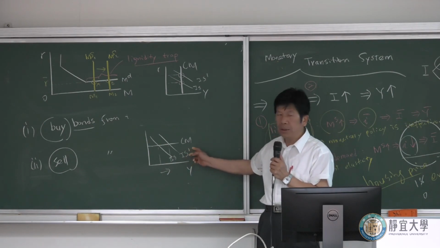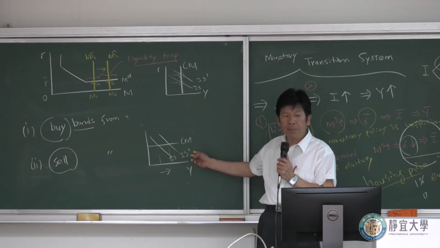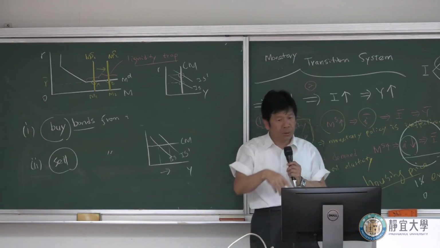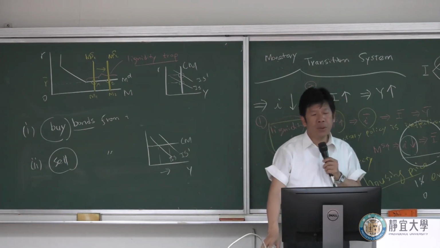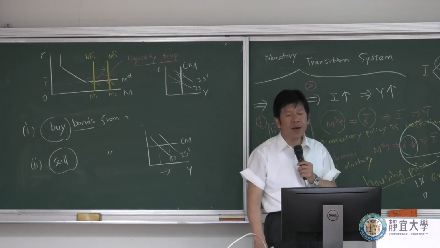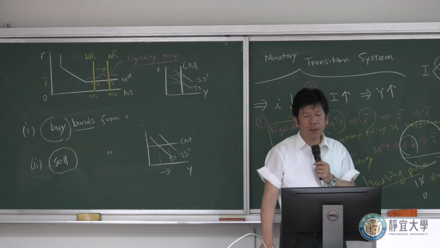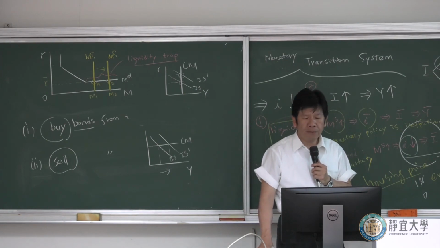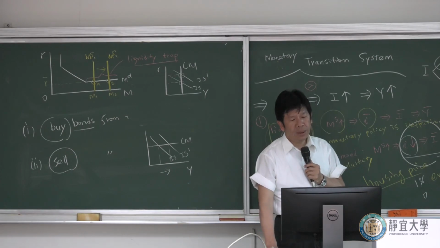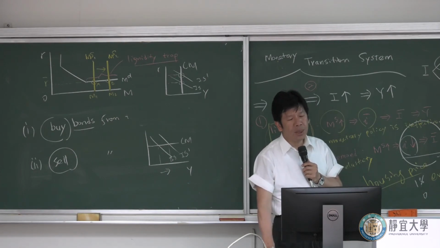This situation represents that monetary policy is ineffective. Here we can see the demand for money is entirely responsive to the interest rate. And the other case is the vertical LM.